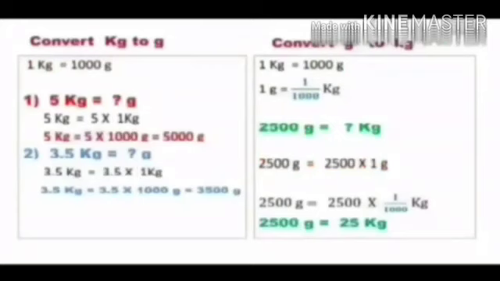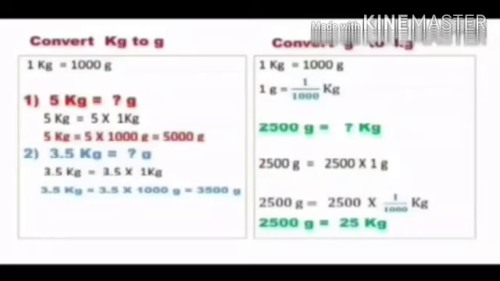First, we convert kilogram to gram. We know the basic relation 1 kilogram equals 1000 gram. We take an example, convert 5 kilogram to gram. We can write 5 kilogram as 5 times 1 kilogram.